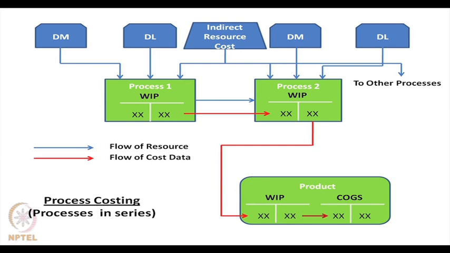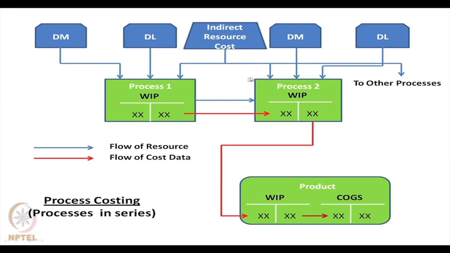So, this is what we shall see in this flow diagram. Just as we had in the job costing system, direct labor, direct material and indirect cost, similarly in process costing systems, we have direct material, direct labor and indirect resource cost. Here, those direct and indirect costs are applied to different processes, process 1, process 2.